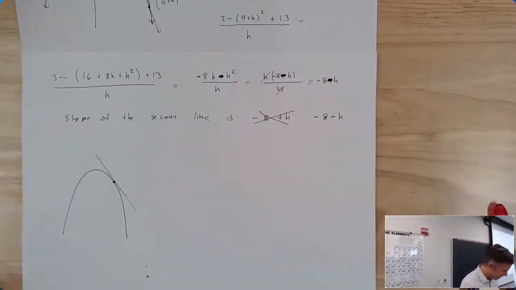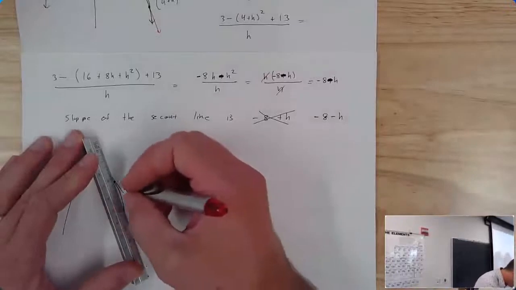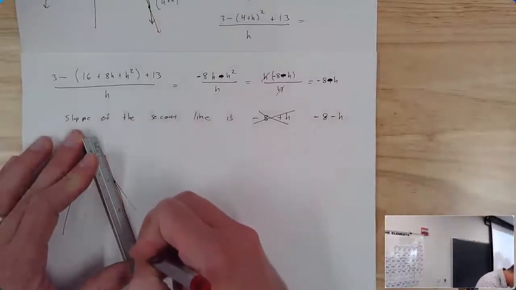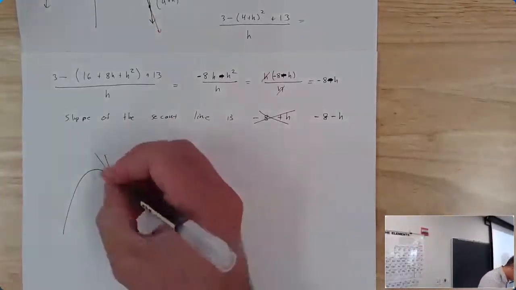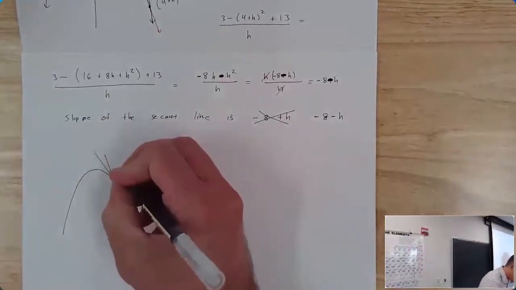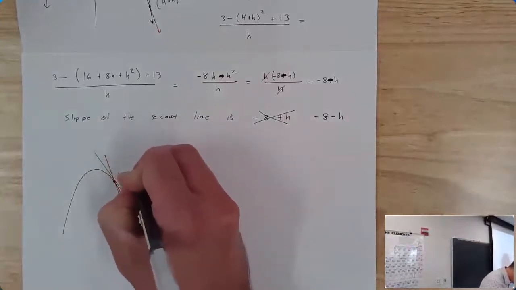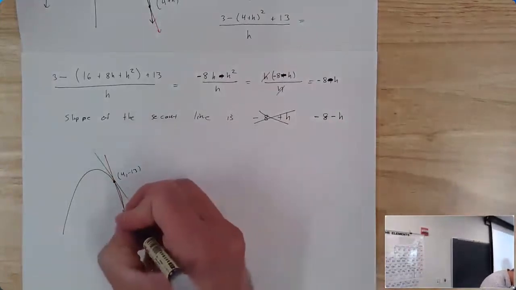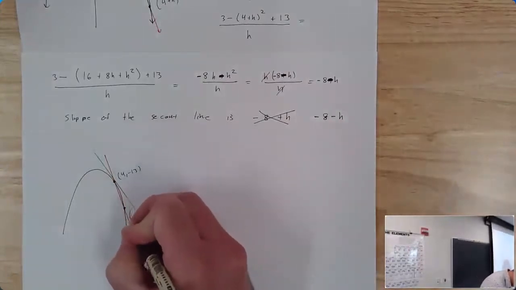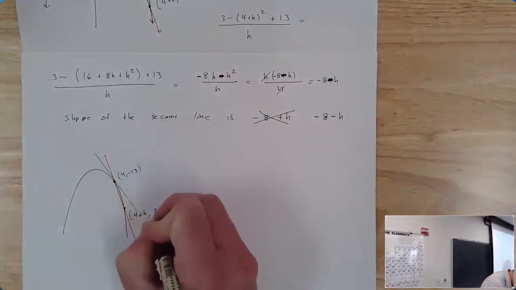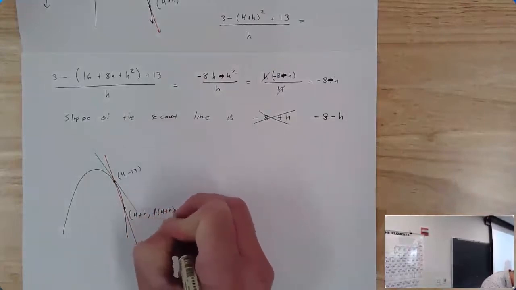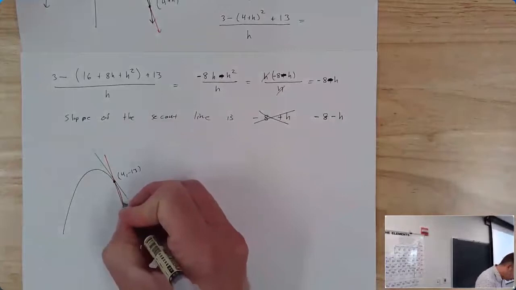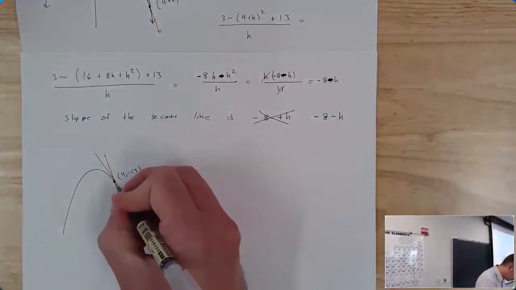So what we're doing is we're taking this secant line between our point that we want, 4 comma negative 13, and this other point over here, 4 plus h comma f of 4 plus h. And we're letting this point get closer and closer and closer to that point.